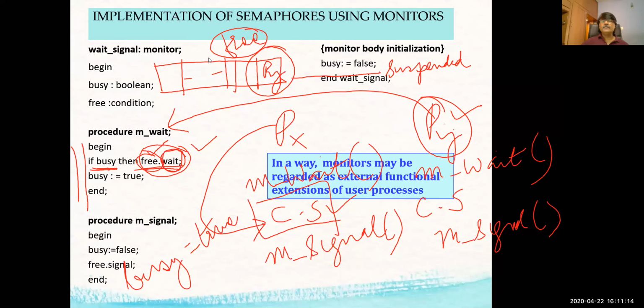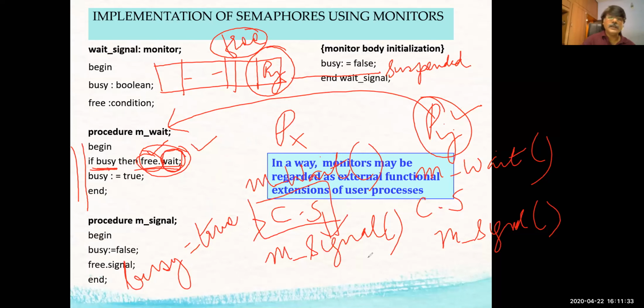Process X finishes working in the critical section. After that, it will come out of the critical section and invoke the function called msignal.